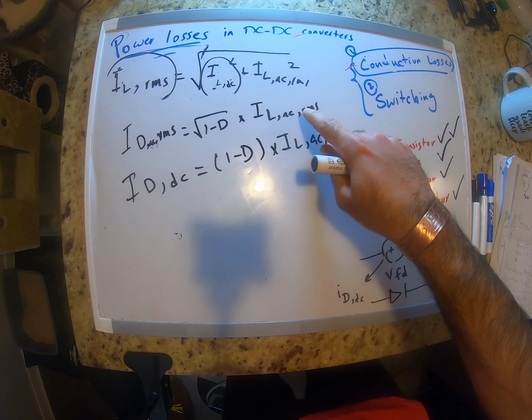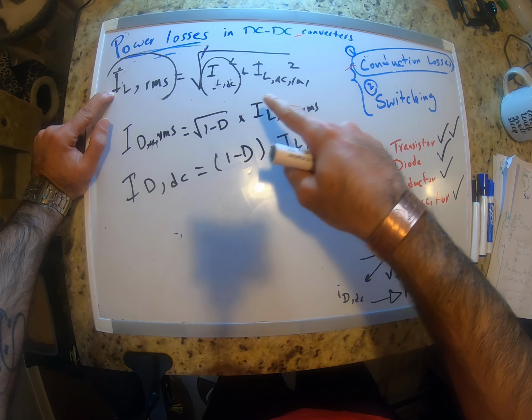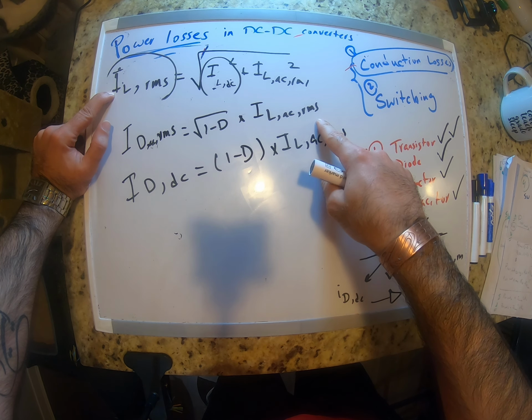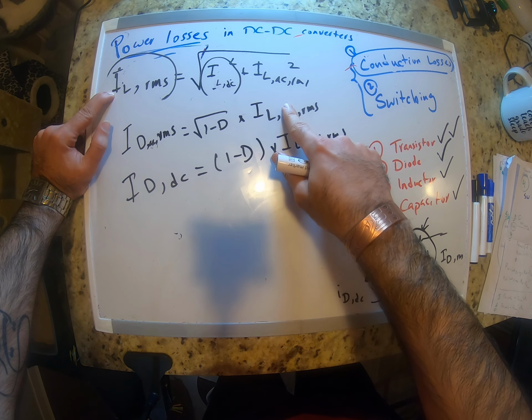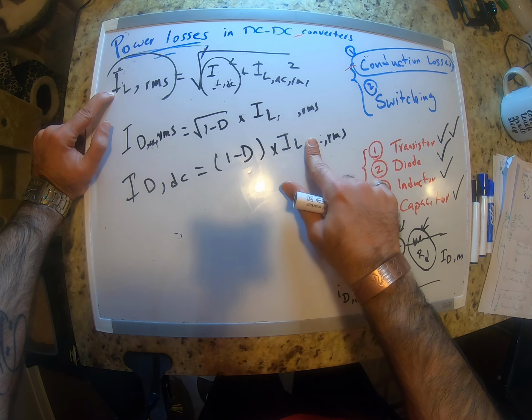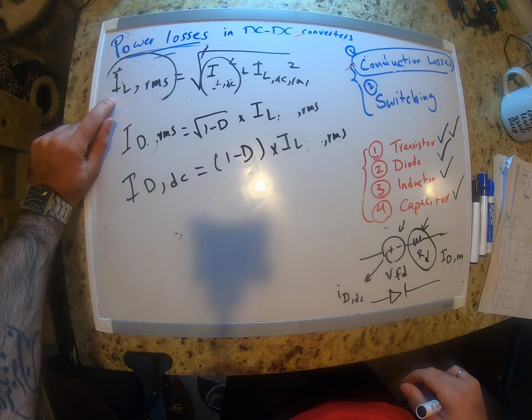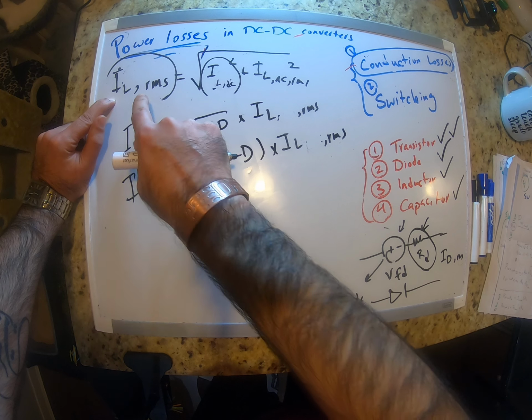Again, if you don't know how to calculate this, we did this in previous videos. IL RMS, sorry, this should be IL RMS, not AC, this is IL. So we showed how to calculate this IL RMS.